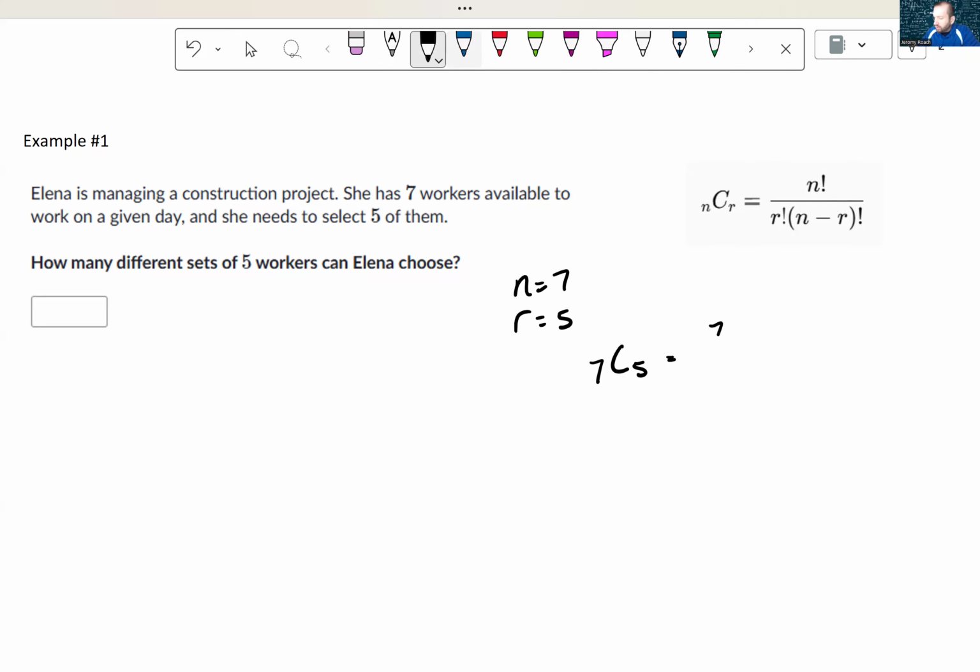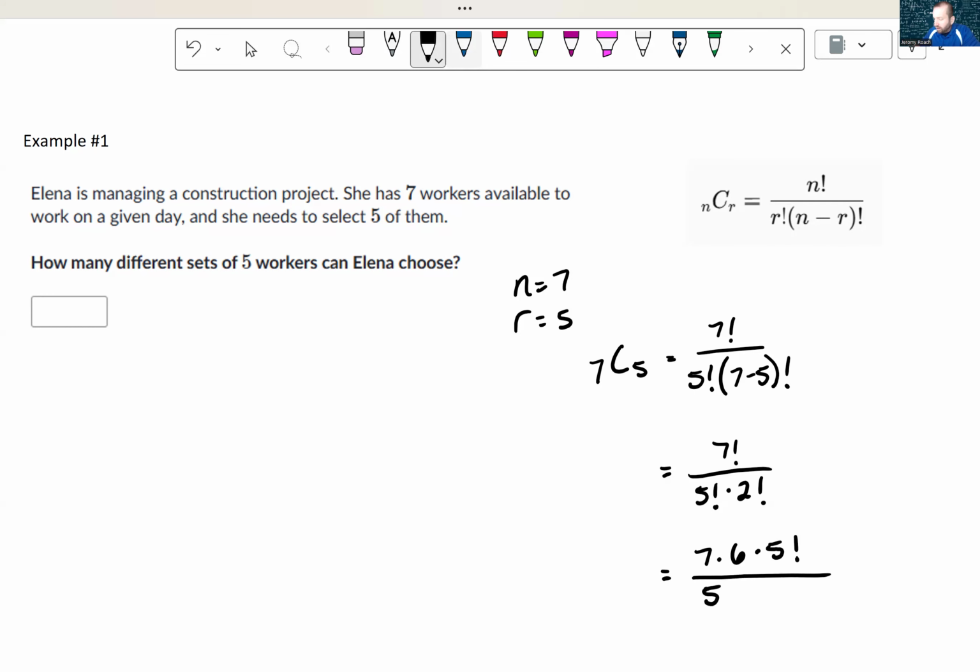N factorial is 7 factorial. R factorial is 5 factorial. N minus R factorial is 7 minus 5 quantity factorial. 7 factorial over 5 factorial times 2 factorial. We can write the numerator as 7 times 6 times 5 factorial over 5 factorial times 2 factorial.